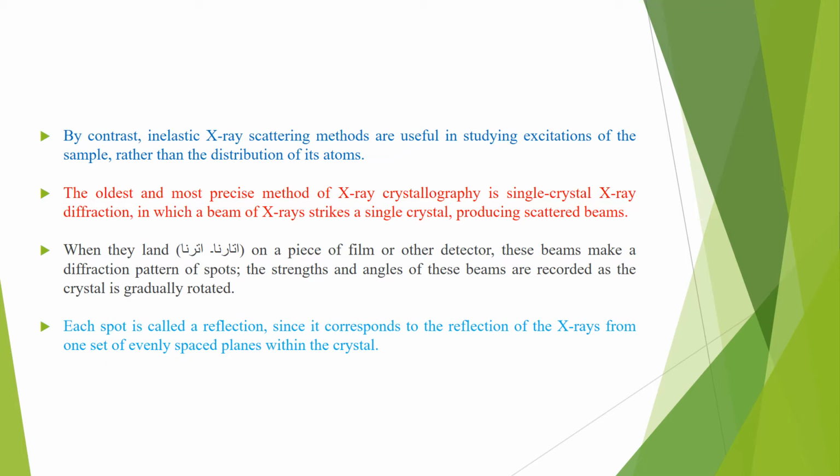The strength and angle of these beams are recorded as the crystal is gradually rotated, and each spot is called a reflection, since it corresponds to the reflection of X-rays from one set of evenly spaced planes within the crystal.